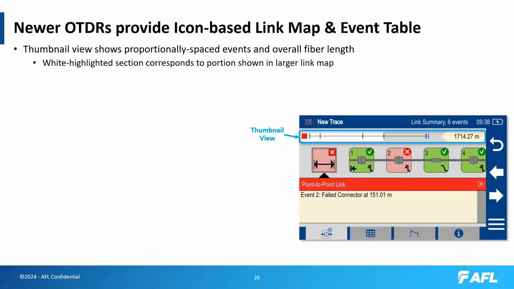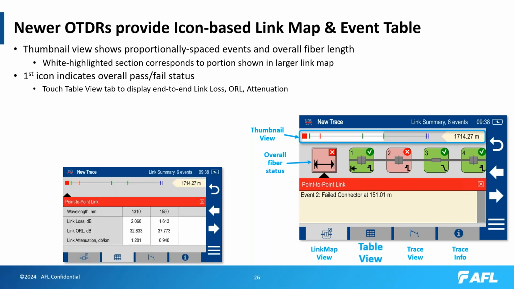Newer OTDRs today include an icon-based LinkMap with an event table. I've shown here a FlexCam LinkMap, and this gives you a thumbnail view at the top that shows your overall network with proportionally spaced events.